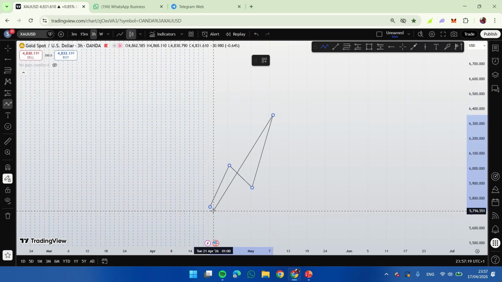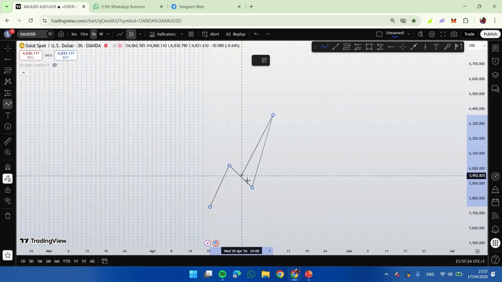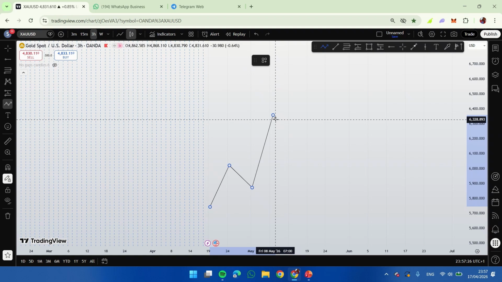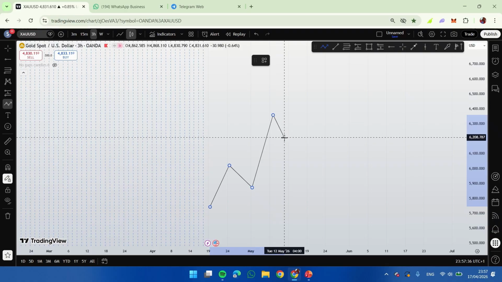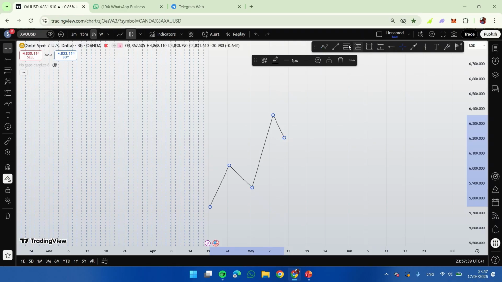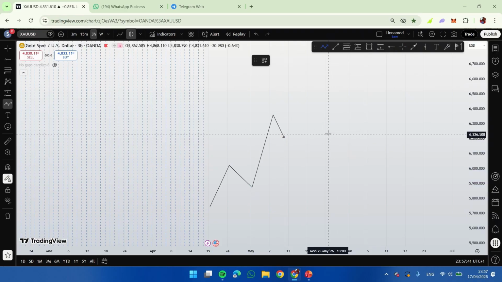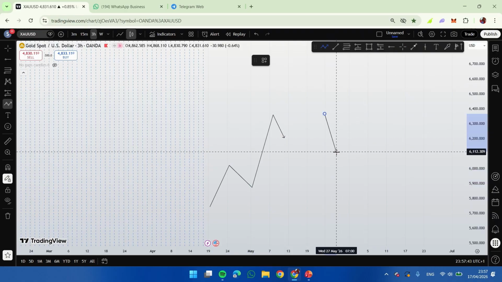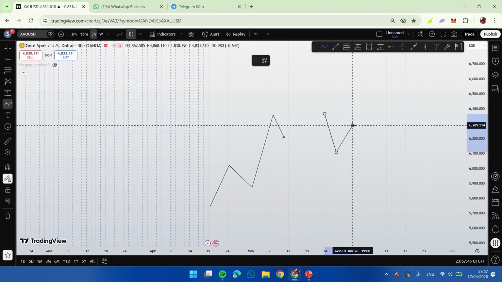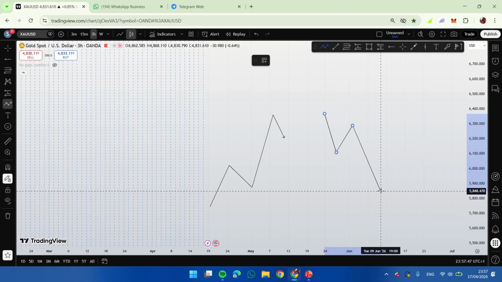Some people call it expansion, retracement, expansion. I even prefer expansion, retracement, expansion. So this is how market moves in a bullish market, right? It's the same thing as in the bearish market. You have expansion, retracement, expansion.